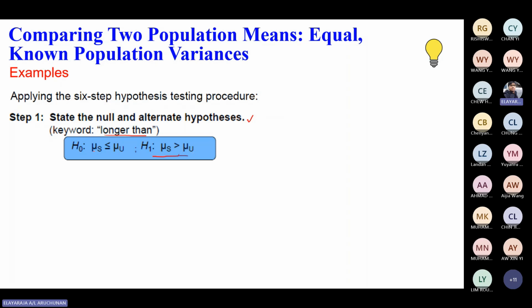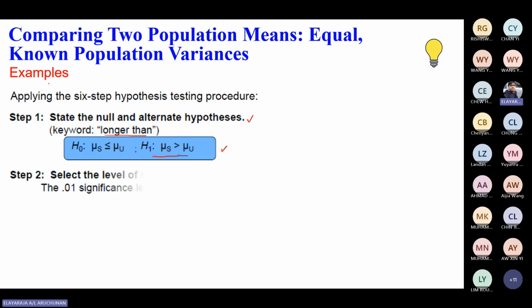And then you should know that the null hypothesis, you can draw this way. The null hypothesis is always against the statement that is written in the alternative. So the mean of the standard checkout time is less or equal to the mean of the fast lane. So this is the first thing you have to do.